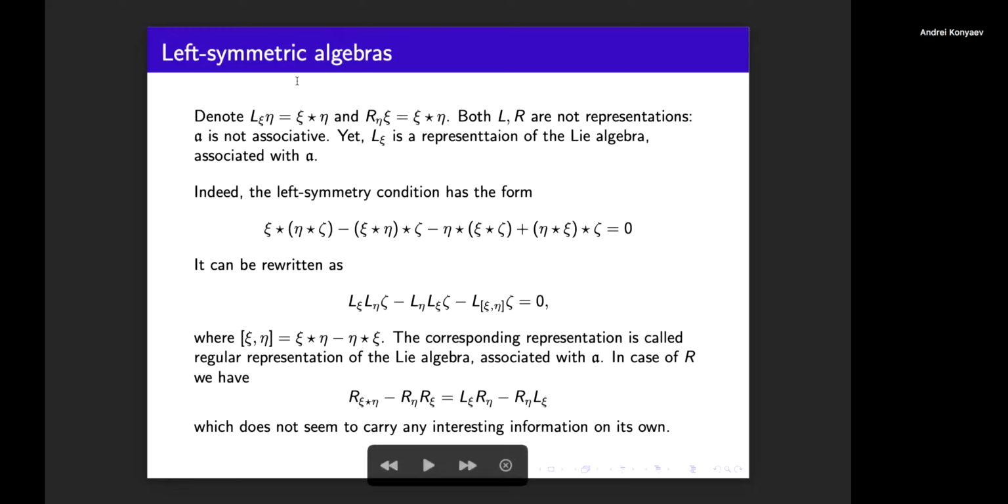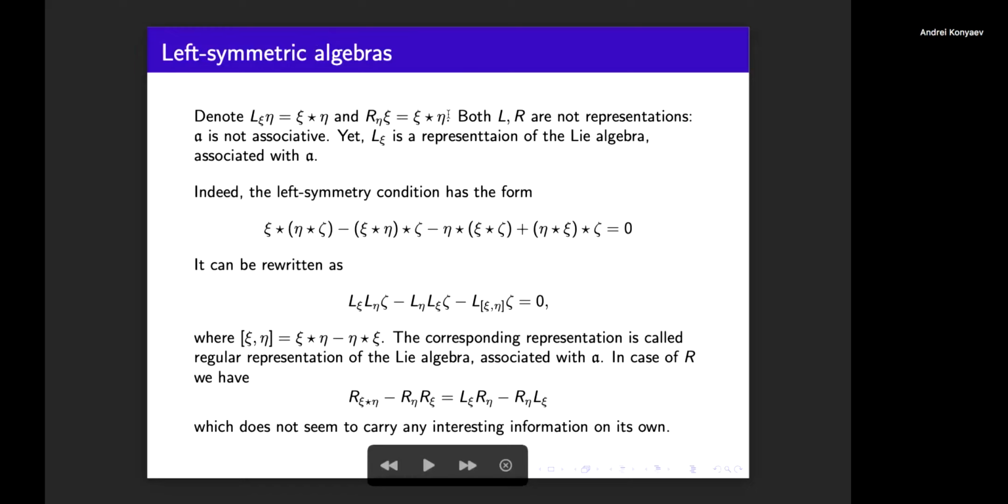So you take L psi and multiply by eta, and this left action means that we multiply by psi from the left. And right action implies that we multiply psi by eta from the right, okay?